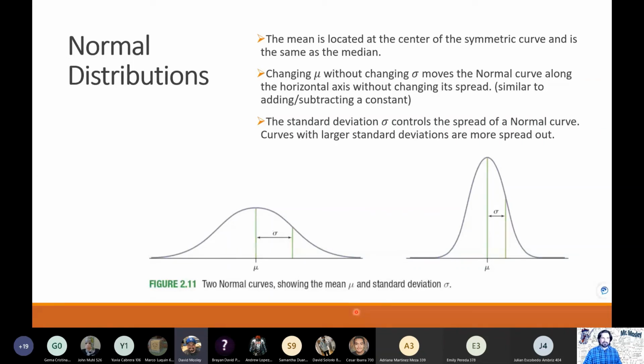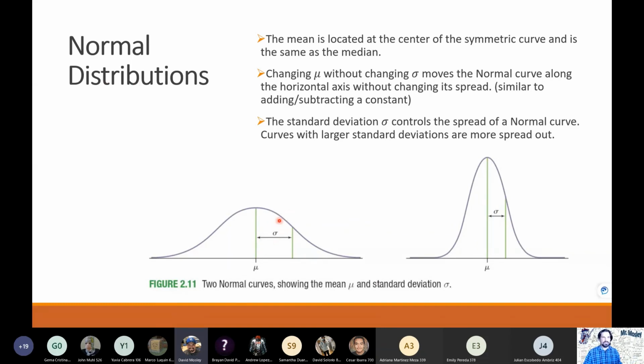Is there anything I can clarify about what we've seen so far with our normal distribution or with the density curves? All right. So last thing I want to do, we are done with the lesson part.